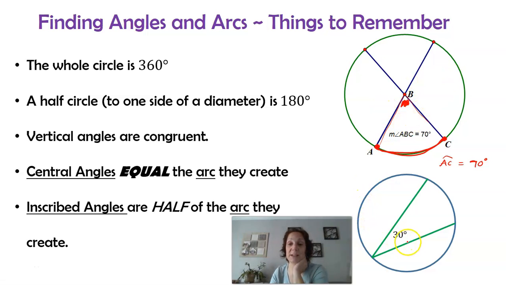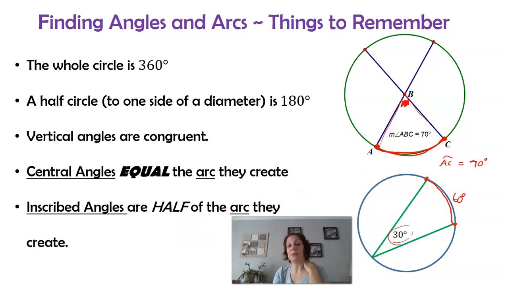We also learned that when it's an inscribed angle, the angle is only half of the arc. In other words, because it came back further, the little projection that it does out onto the arc, this is going to be a bigger arc than the angle. So if this is 30, then we double that, and this arc would be a 60-degree arc.